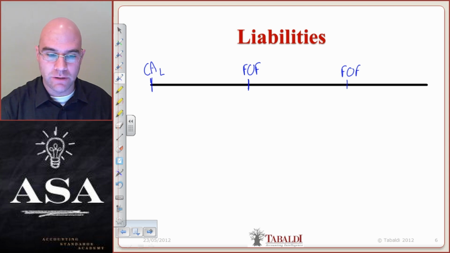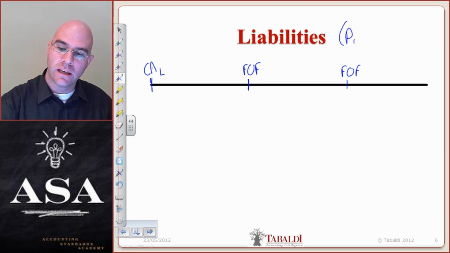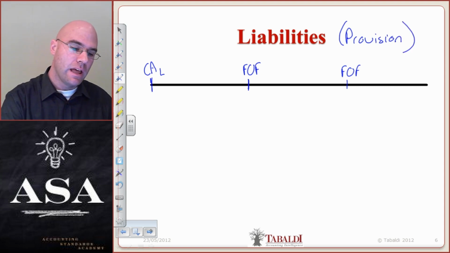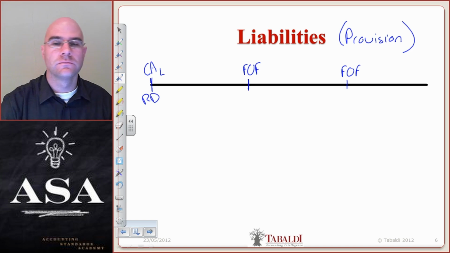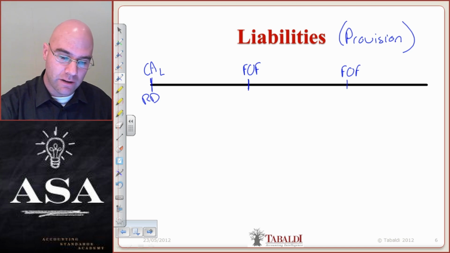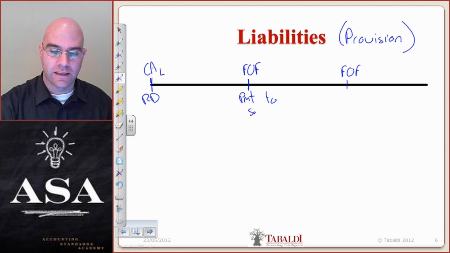Now, depending on the tax treatment, let's assume we are using a provision that is only tax deductible once it is paid in the future. Well, at reporting date, I've gone debit expense credit provision. I've got an obligation. That obligation will be settled with future outflows. Let's say that there will be a payment to settle in cash.